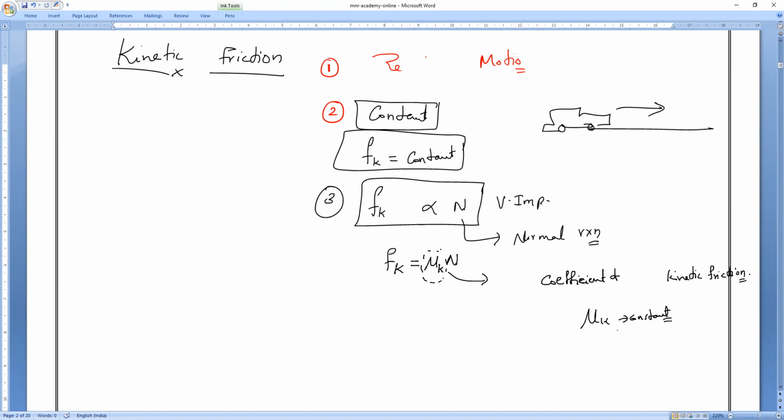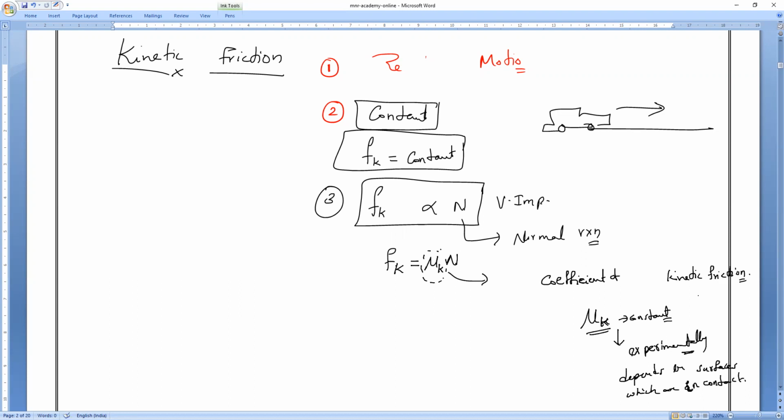But keep it in mind, experimentally this value depends on the surfaces which are in contact. Based upon the contact surfaces, the mu k value will vary experimentally.